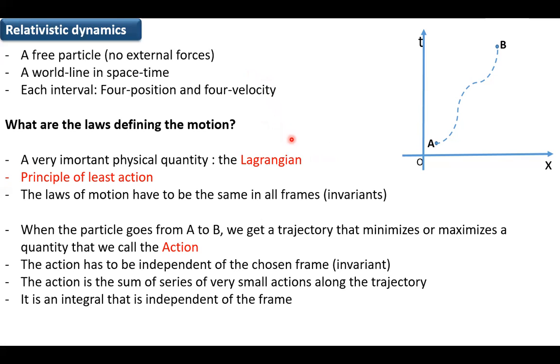You have to remember in classical Newtonian physics, the things you learned last year in classical mechanics and analytical mechanics about Lagrangian and the principle of least action, which governs the motion between 2 points in space or in space-time in our case. So these laws of motion have to be the same in all inertial frames, which means they have to be invariant.